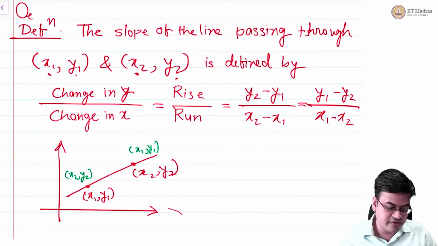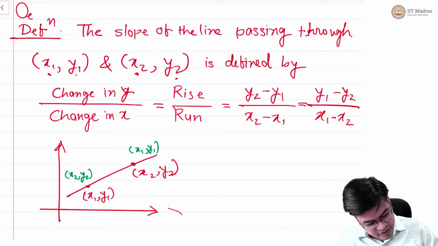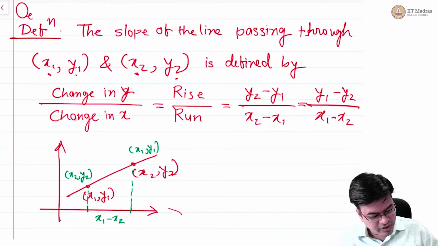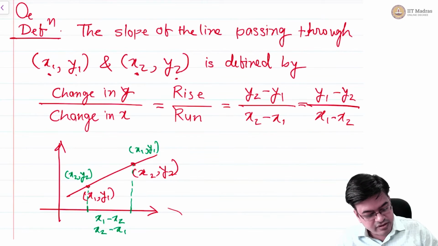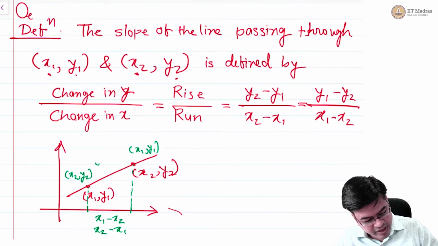What matters is the difference between these two. So when you look at this diagram, this is the point x1 and this is the point x2. So whether you write x1 minus x2 or x2 minus x1, you are actually calculating the same distance. And whether you write y1 minus y2, that is this vertical distance that I am talking about.